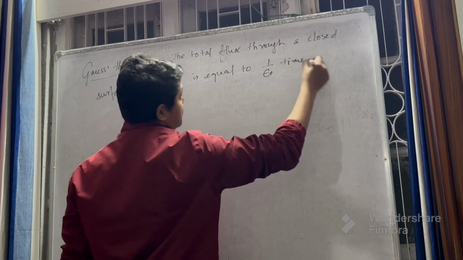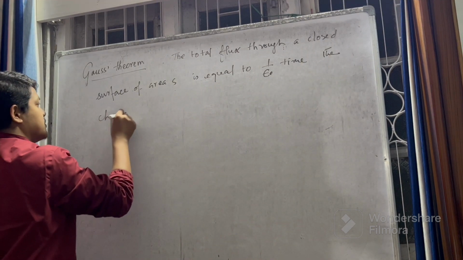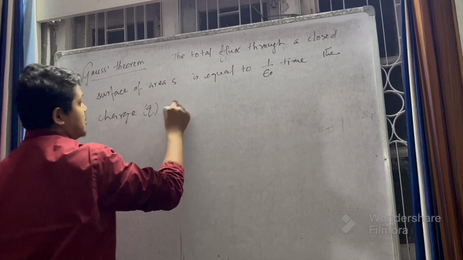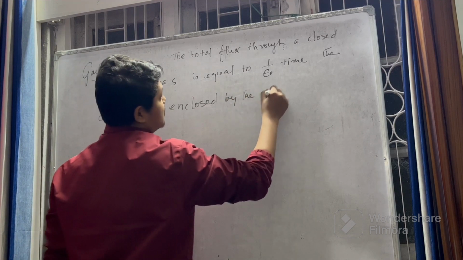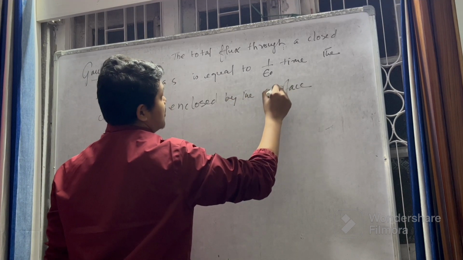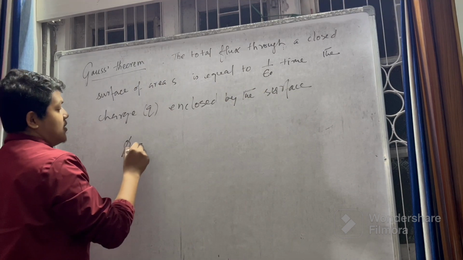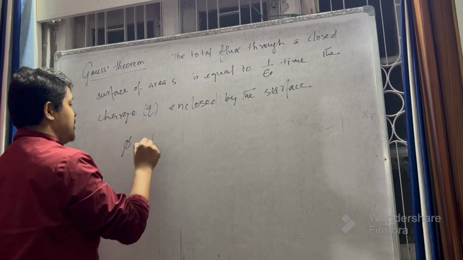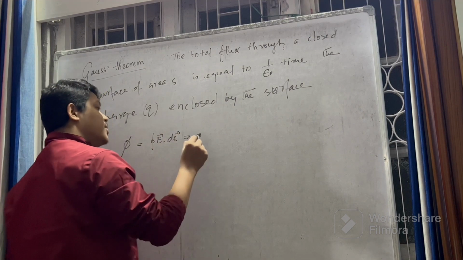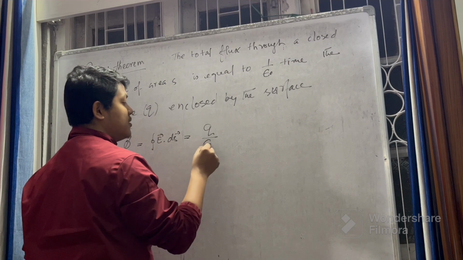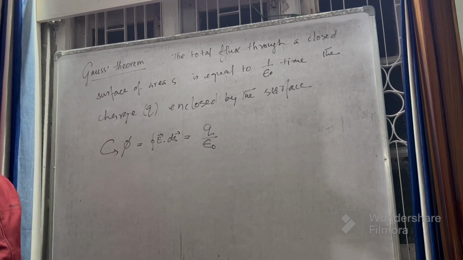Times the charge, suppose Q, enclosed by the surface, right? That means electric flux, you can say phi, which is also written as integration E dot dS, is equal to Q by epsilon naught, right? So this is the mathematical expression of Gauss law. Okay.